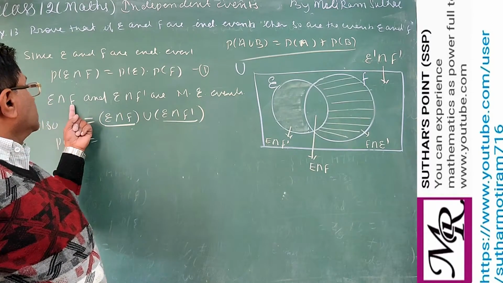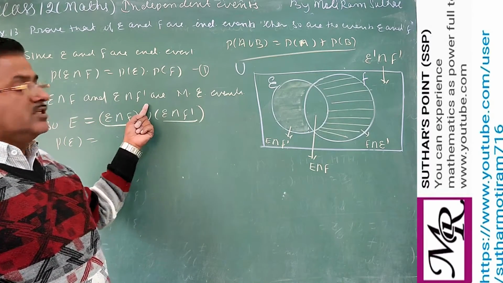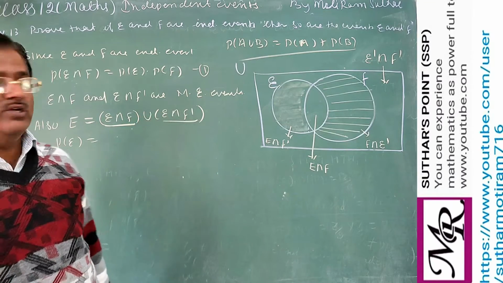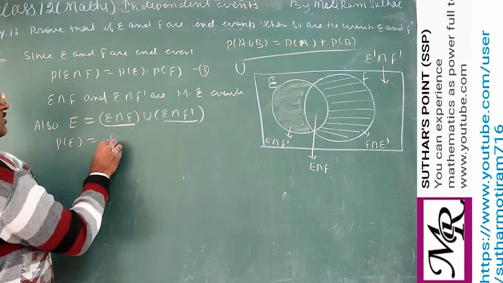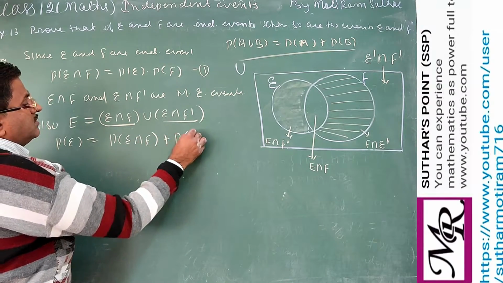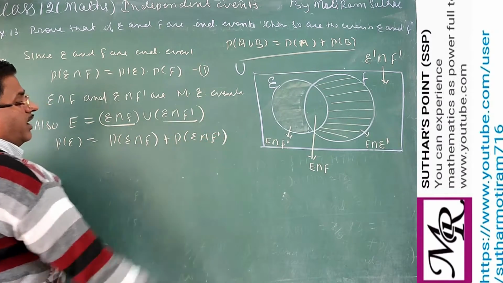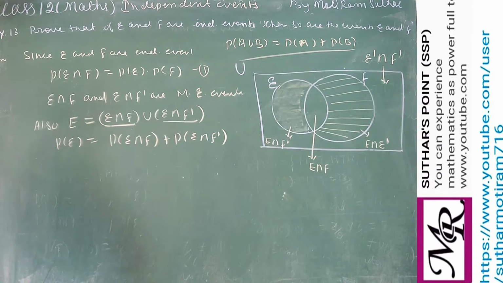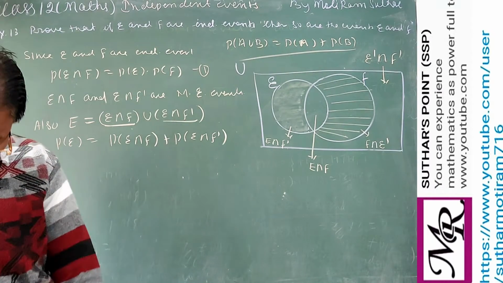Here E intersection F and E intersection F naught are both mutually exclusive. So PE equals P of E intersection F plus P of E intersection F naught. This will be used. Clear?